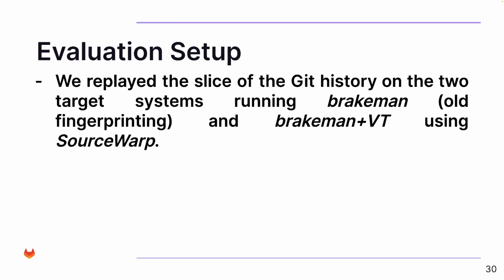What we wanted to see is that with the new vulnerability tracking method, we reduced the number of duplicates, or the overall number of findings. This indicates the deduplication performance of vulnerability tracking.